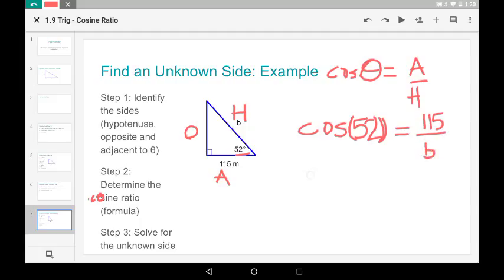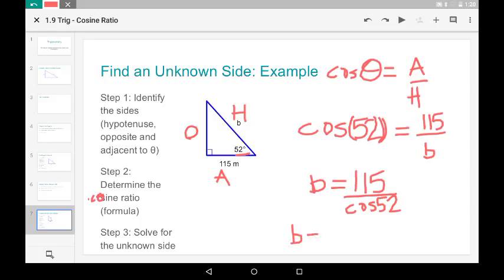Once we rearrange, we'll find that B is equal to 115 divided by the cosine of 52 degrees. So when you plug that into your calculator, you're going to go 115 divided by cos 52 degrees.